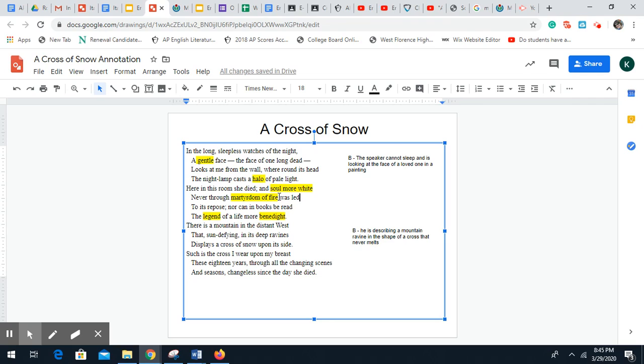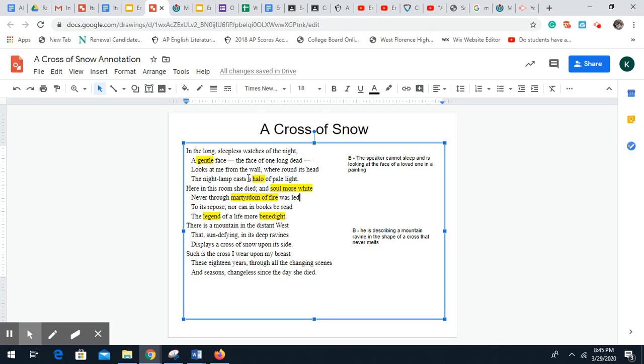So a martyr is usually someone who dies for a cause. And so you see that her death seems like it had more meaning to it than just, she just died in a household fire.